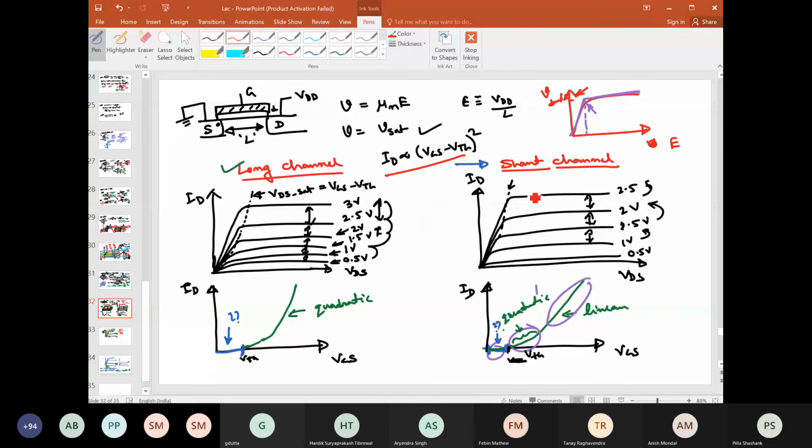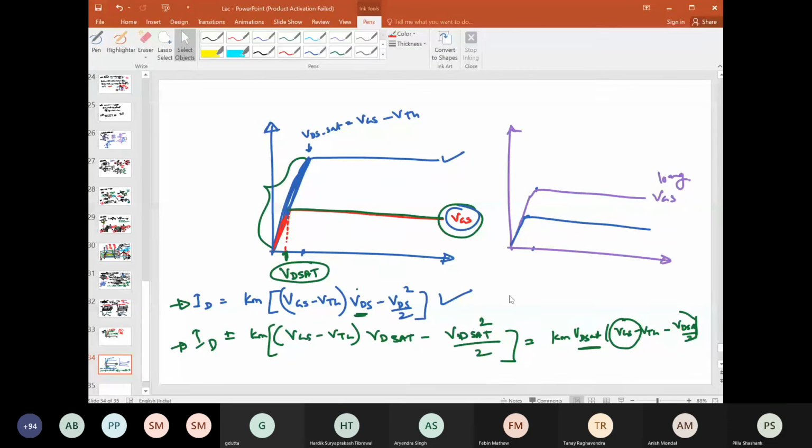In this context, I should also mention that this equation is only a first order approximation. What do I mean by first order approximation?